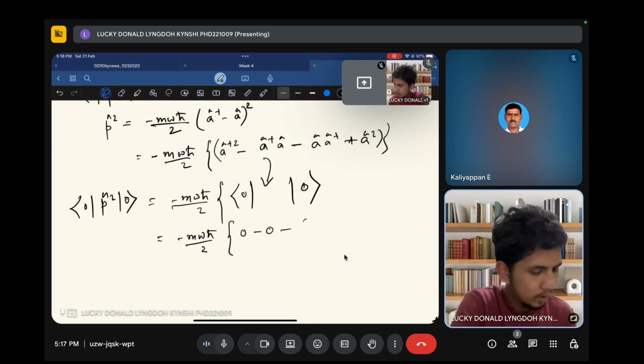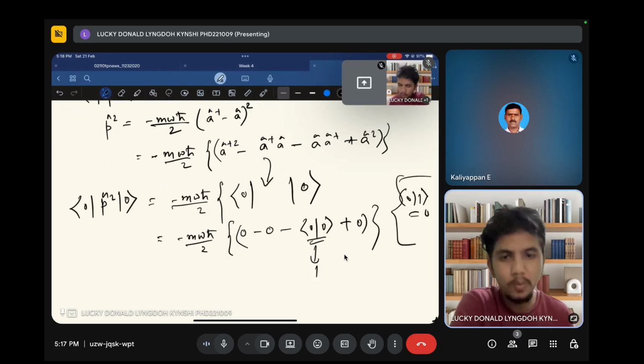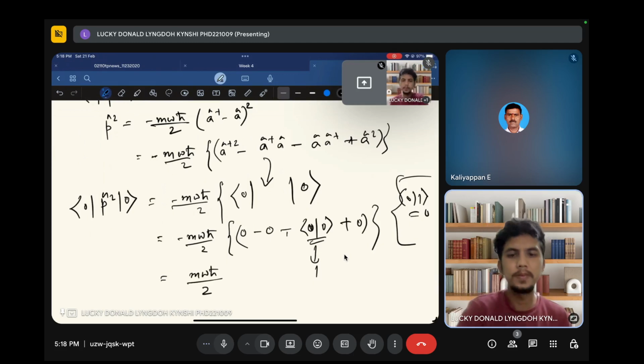The last time again you will get <0|0> and then plus 0. It's more or less the same fashion. So now <0|0> again equals 1. If it is <0|1>, then it equals 0. Otherwise if it is <1|1>, then it will equal 1. Otherwise if they are different, then it will be equal to 0. Now this is a negative sign, this is a negative sign, so you will get m omega h cross over 2. Okay, simple.